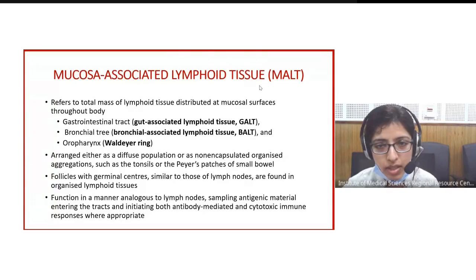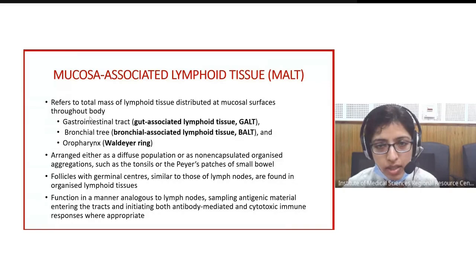So right from the oropharynx to the anus, throughout the GI tract, the lymphoid tissue is distributed. Somewhere it is arranged as a diffuse population, somewhere it is organized as a non-encapsulated aggregation similar to a lymph node but non-encapsulated, like the Peyer's patches.